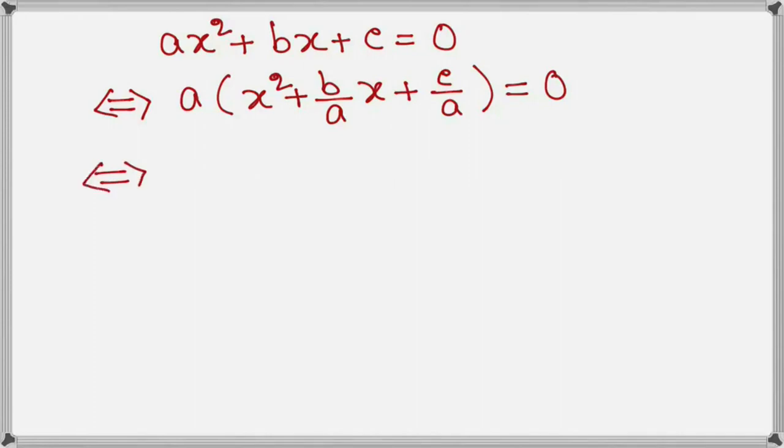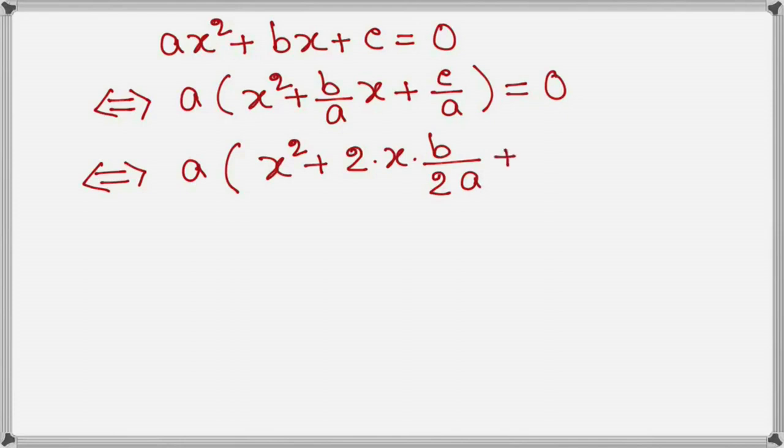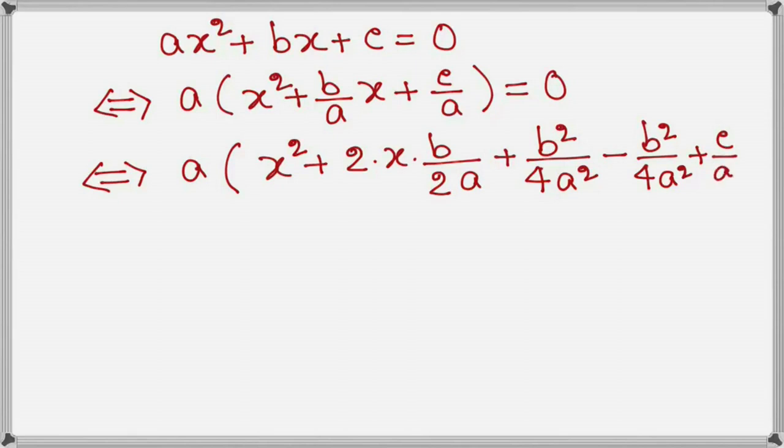So therefore this is the same as a into (x² + 2·x·(b/2a) + b²/4a² − b²/4a² + c/a) = 0.